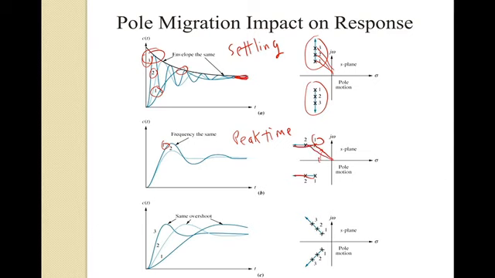So I have more overshoot as my angle gets bigger. But because they're on the same line, that peak time, T sub P, is the same. You can see that, and I could add even more poles along that trajectory. And again, depending on where my 2% settling time is, I would have my settling time there for all three of those cases.